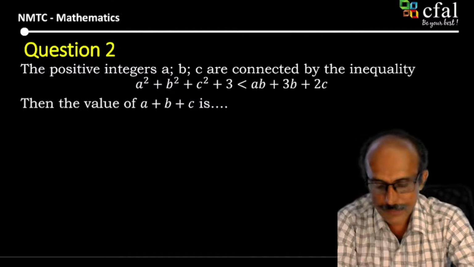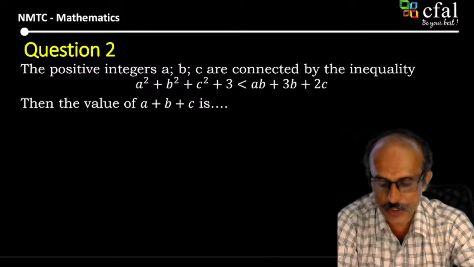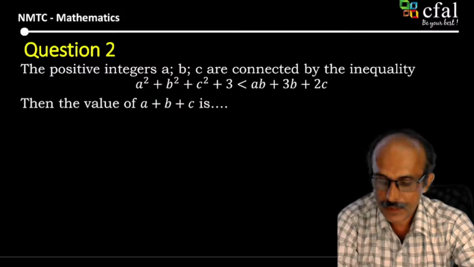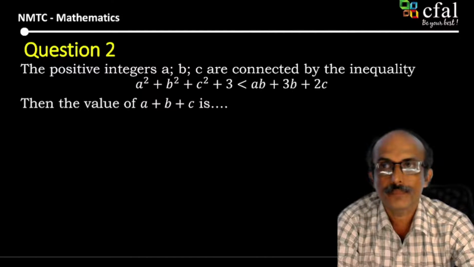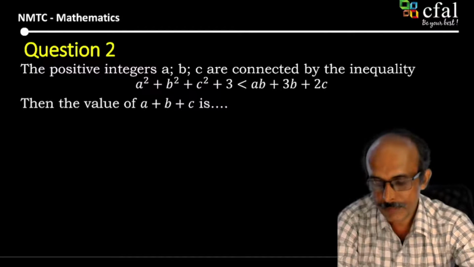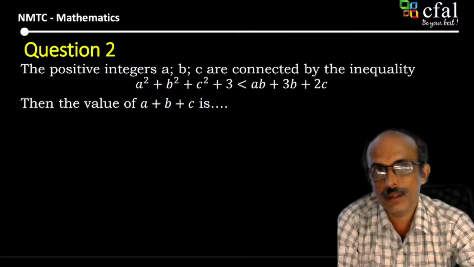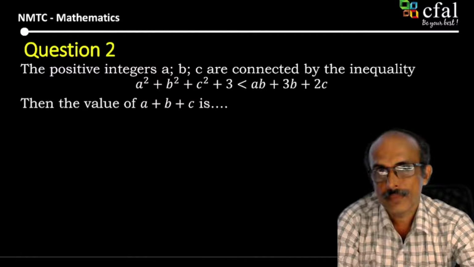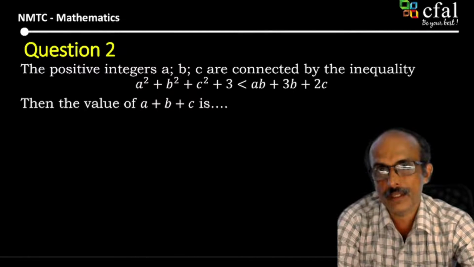First you notice that the a, b, c are positive integers. They are connected by some inequality. So a hint is that this inequality restricts the values of a, b, c. They are whole numbers and they are conditioned by some inequality.